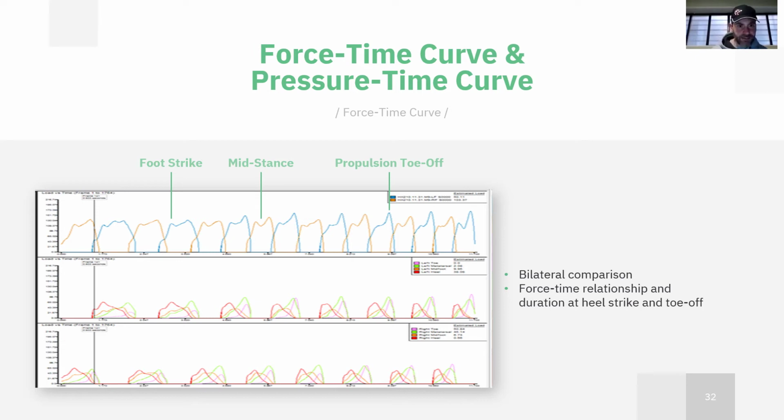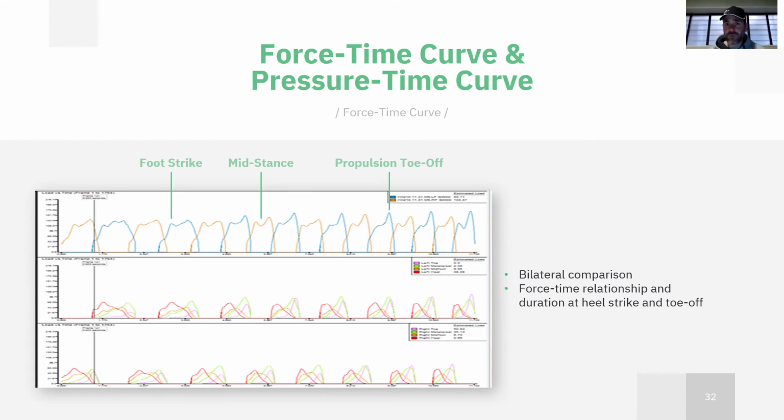We can identify, as you can see, the different phases of strike. The foot strike is the first curve in the graph, as you can see. The middle curve is representing the mid stance, and the last peak is the propulsion phase and the toe off.